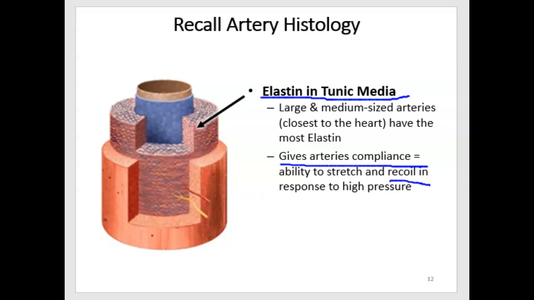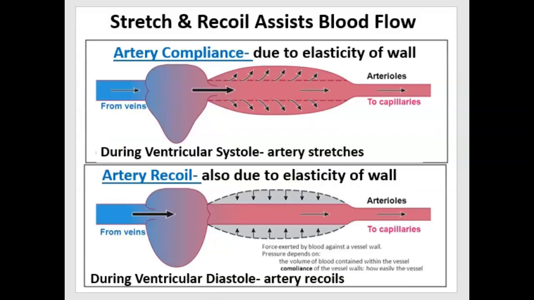And I think this next slide shows you a picture that sort of explains compliance versus recoil. So we have the heart, and the blood is moving into an artery with an elastic wall, and pretty high pressure, 120 millimeters of mercury, it's going to stretch that vessel, and luckily the wall is elastic, so it is compliant.